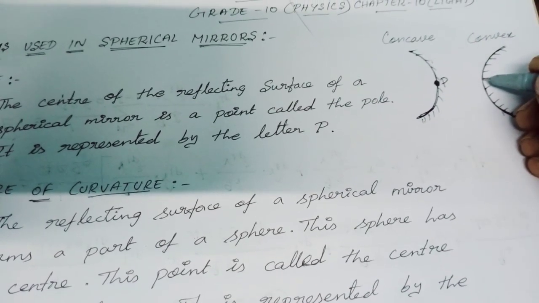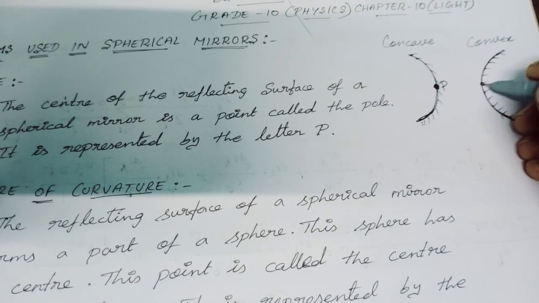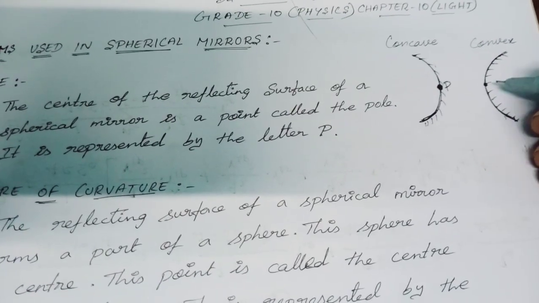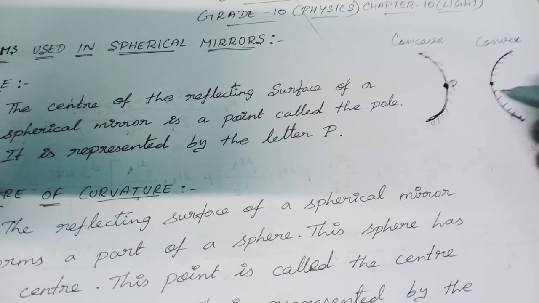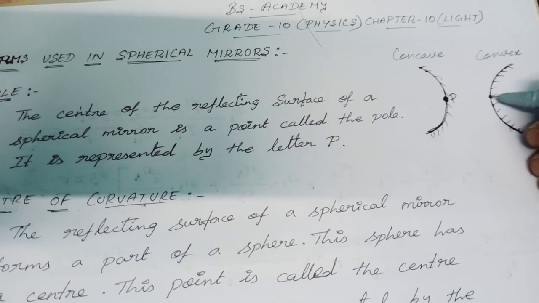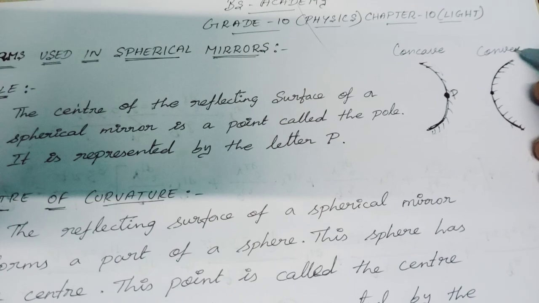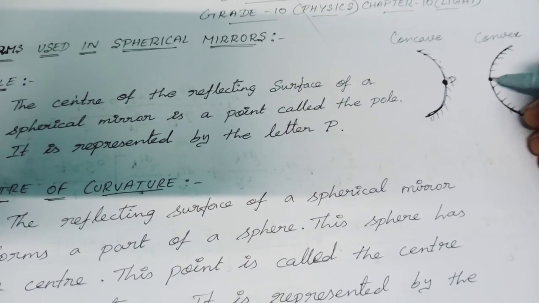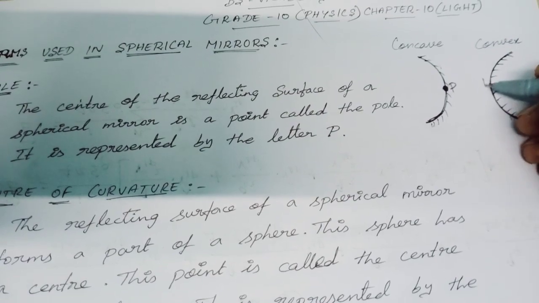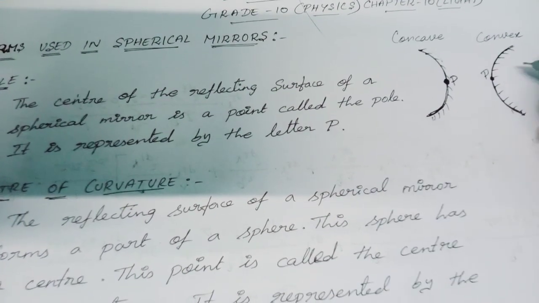That circular part will have a center, so here also the center point of the reflecting surface is called the pole. In the convex mirror, this point is the pole, represented by the symbol P.